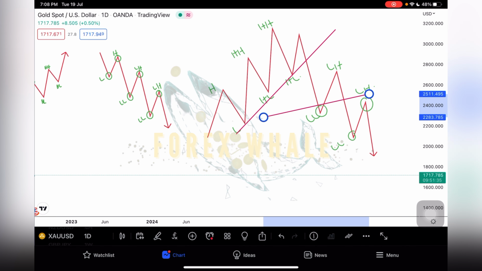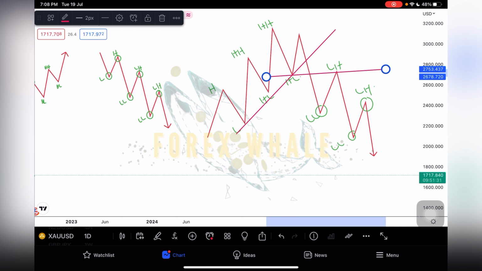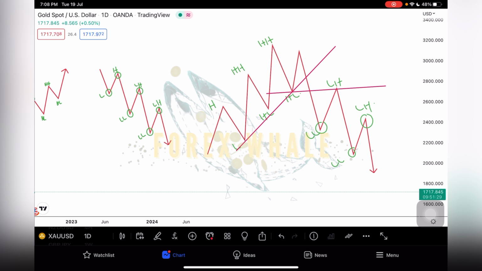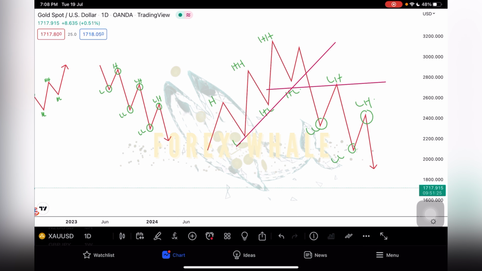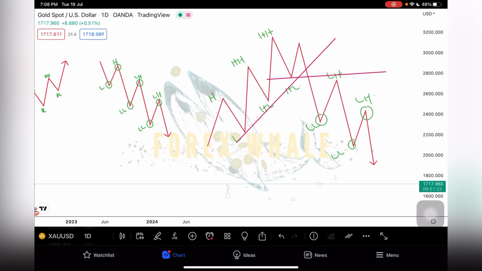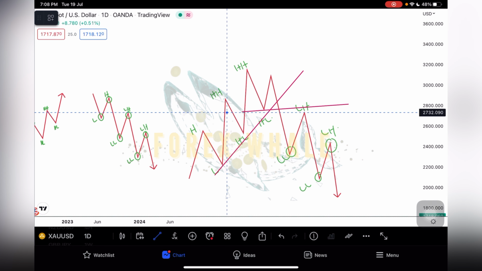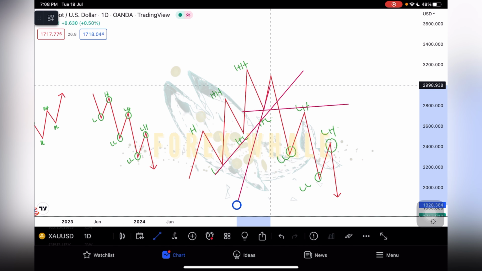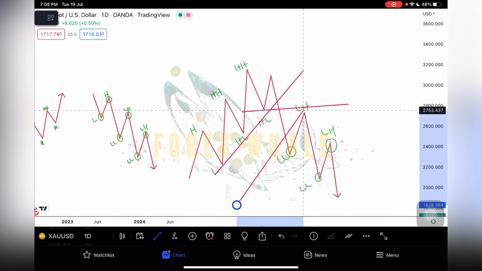Once you see that price has already broken the previous higher low, let's just focus, stay with me. Once price has broken this higher low and created this lower low, know that you can always look for a sell opportunity here.